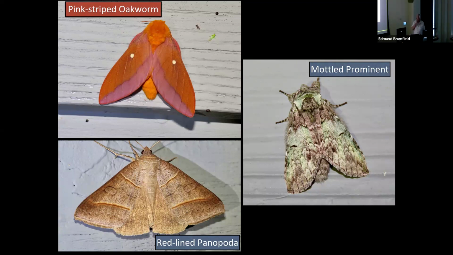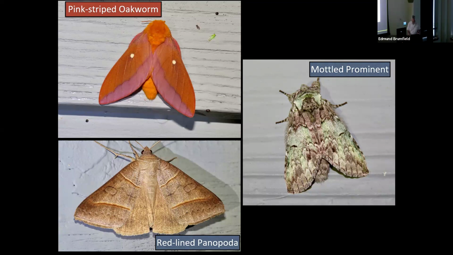The pink-striped oakworm moth is interesting because I saw my first one at the house in either 2022 or 2023, and I've had them every year since. Why they didn't show up before that, I don't know. They're sexually dimorphic. This is a female. The males have translucent spots in the wings.